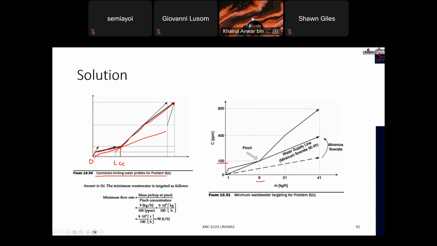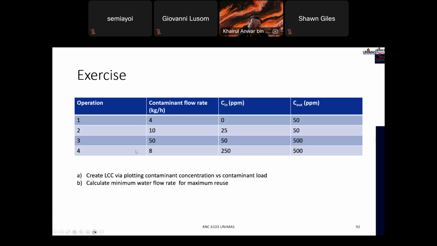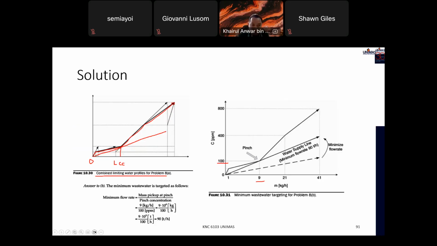So from here, you combine it. You combine this. You follow the red line.